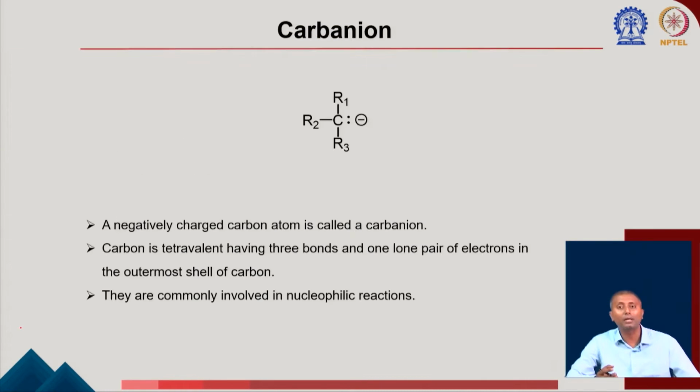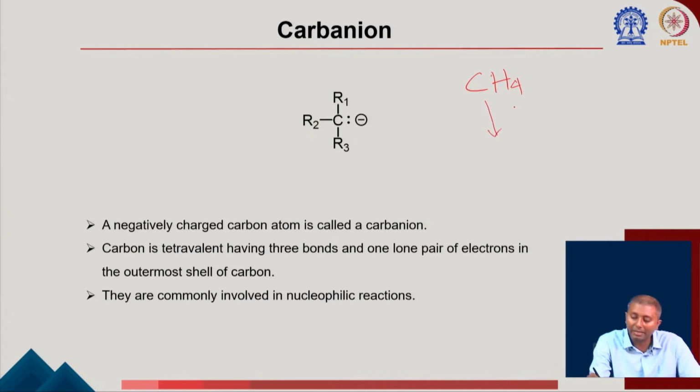So if you talk about the carbanion, the first thing that comes to our mind is the carbon with a negative charge. If you remember, when I was talking about carbocation, I told you that from methane, if you remove an H minus, then you generate CH3 plus.